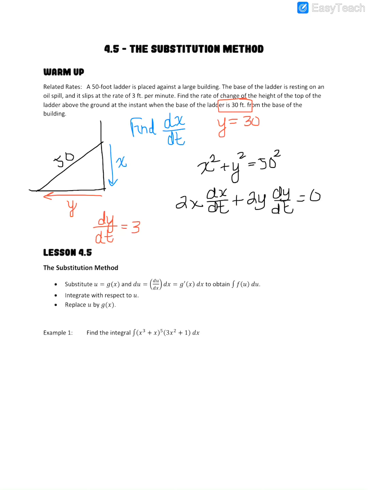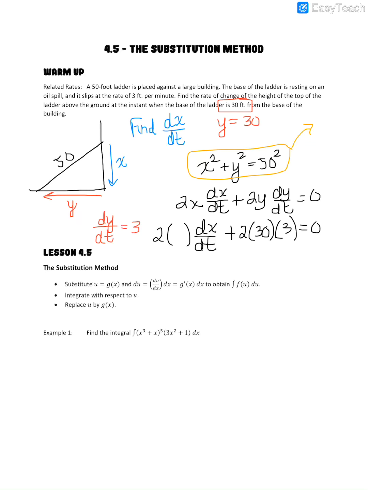All right, so at this point, I want to go ahead and plug in everything that I know. So I know that dx/dt is what I'm looking for, so I'm not going to plug in anything for that. I know that y is 30. I know that dy/dt is 3. I need to know what x is. So I'm going to plug my 30 into this original equation right here to solve it for x.